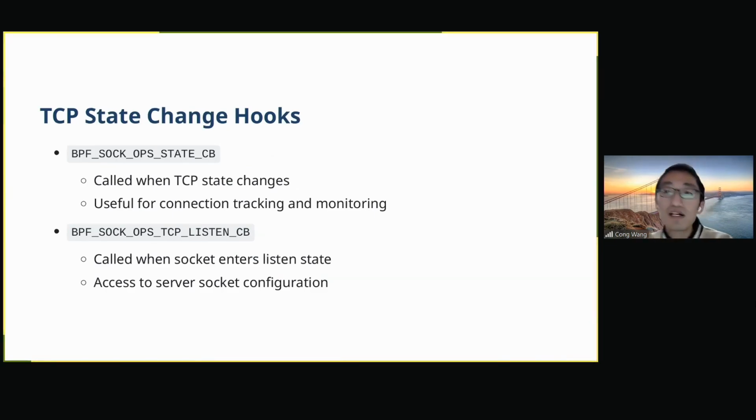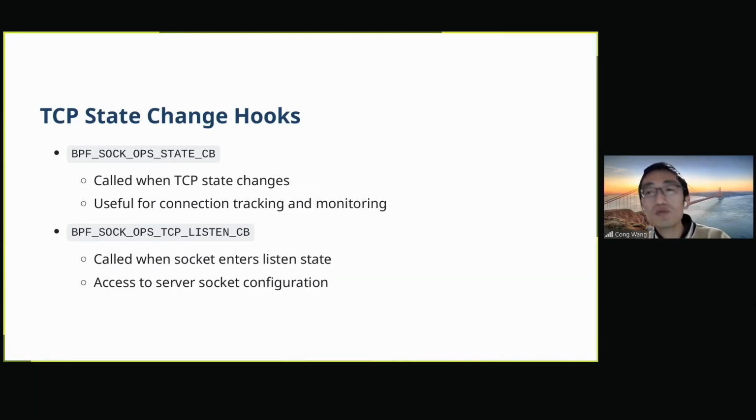The next set of hooks is related to the TCP state, because the TCP socket is a very stateful socket. When we switch the TCP state from one to the other, there is a very generic eBPF hook, so that we don't have to write quite different hooks for different states.